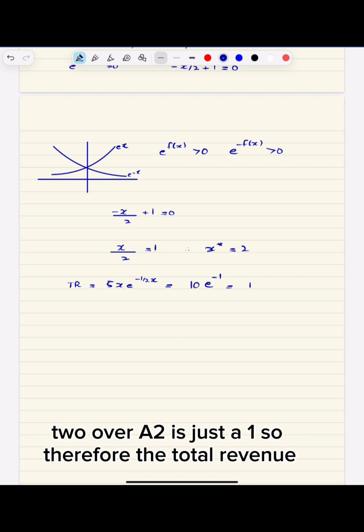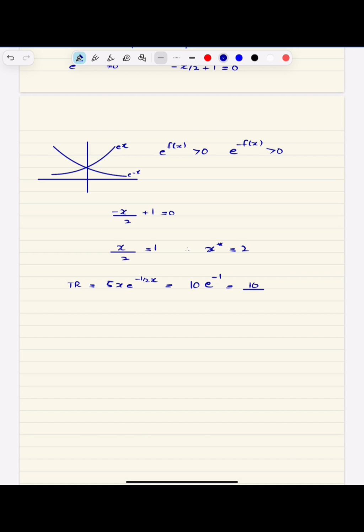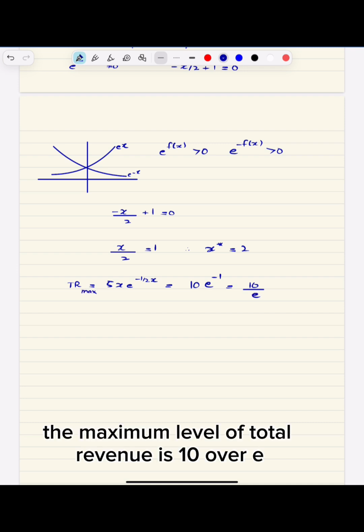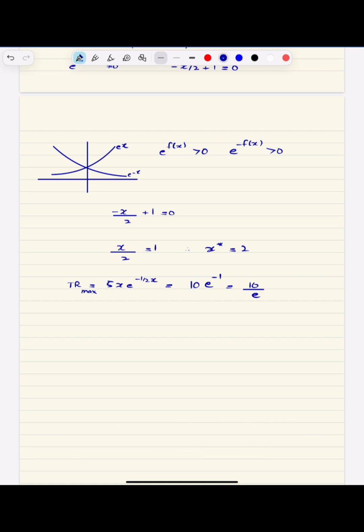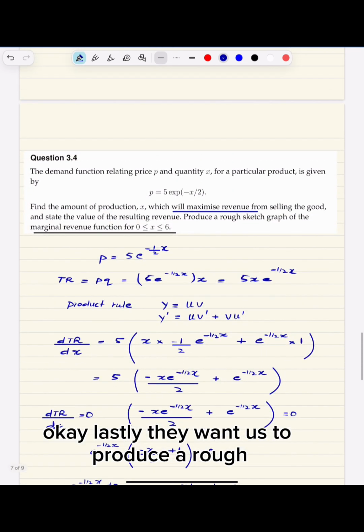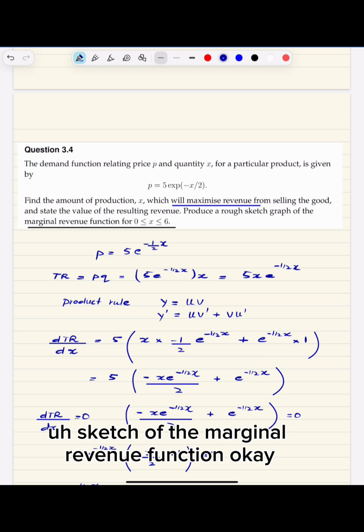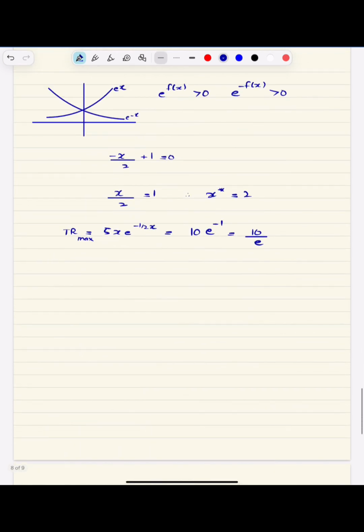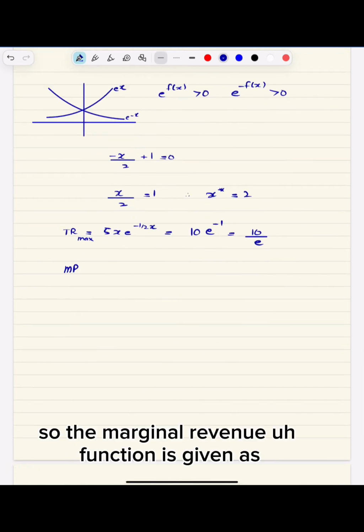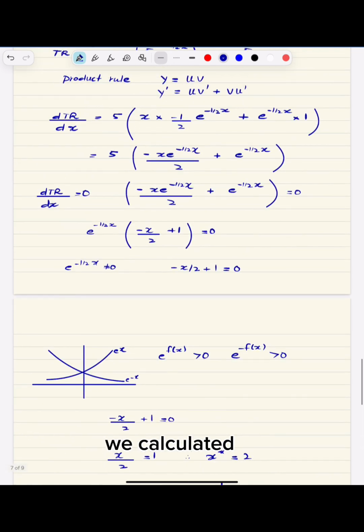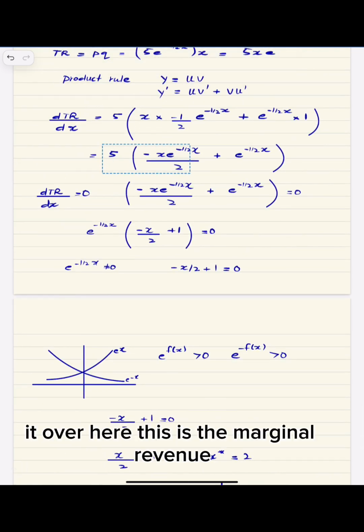So therefore the maximum level of total revenue is 10 over e. Okay, lastly, they want us to produce a rough sketch of the marginal revenue function. The marginal revenue function is what we calculated over here. This is the marginal revenue.